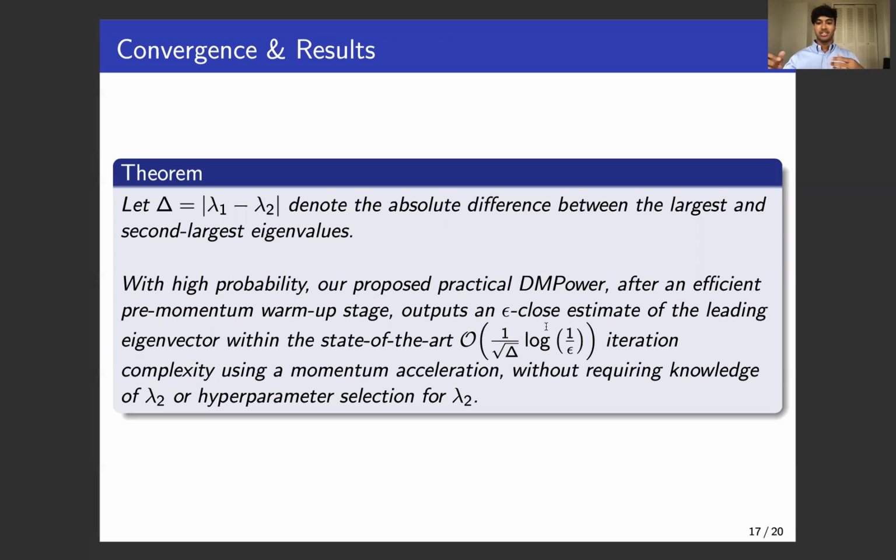We're hiding a bit of the details here, but with high probability, our beta is going to be close to that optimal value, which is lambda sub 2 squared over 4, okay? And we can do all of this without requiring any exact knowledge of what lambda sub 2 is, or any hyperparameter which expects you to guess what lambda sub 2 is, okay?